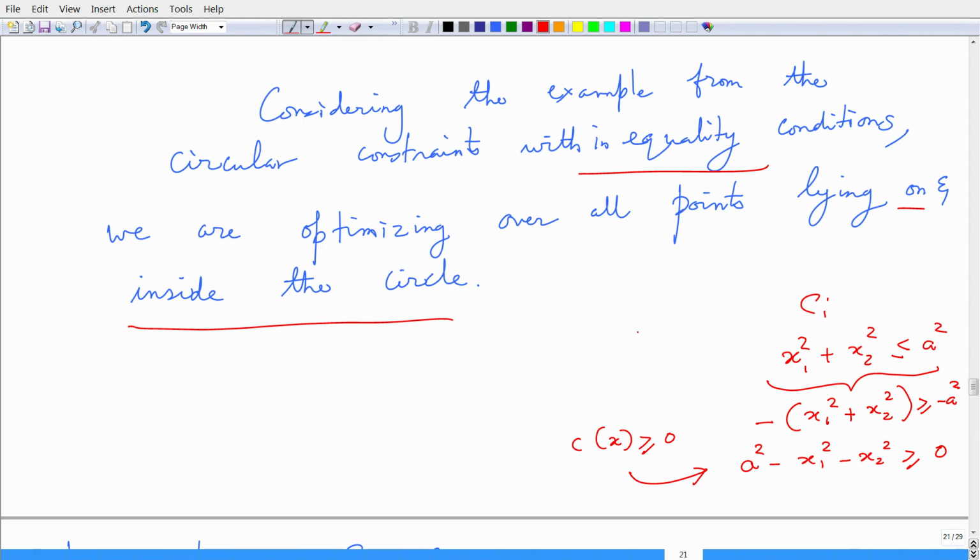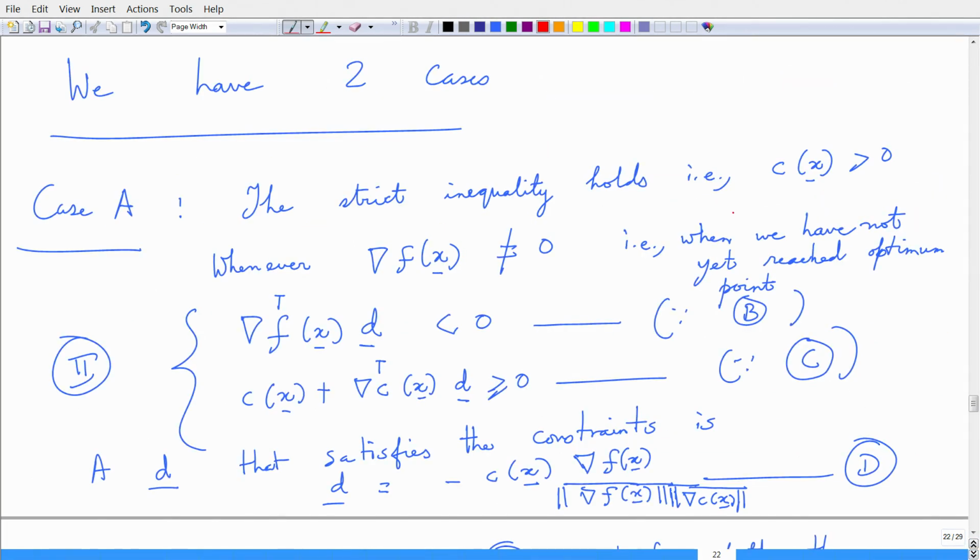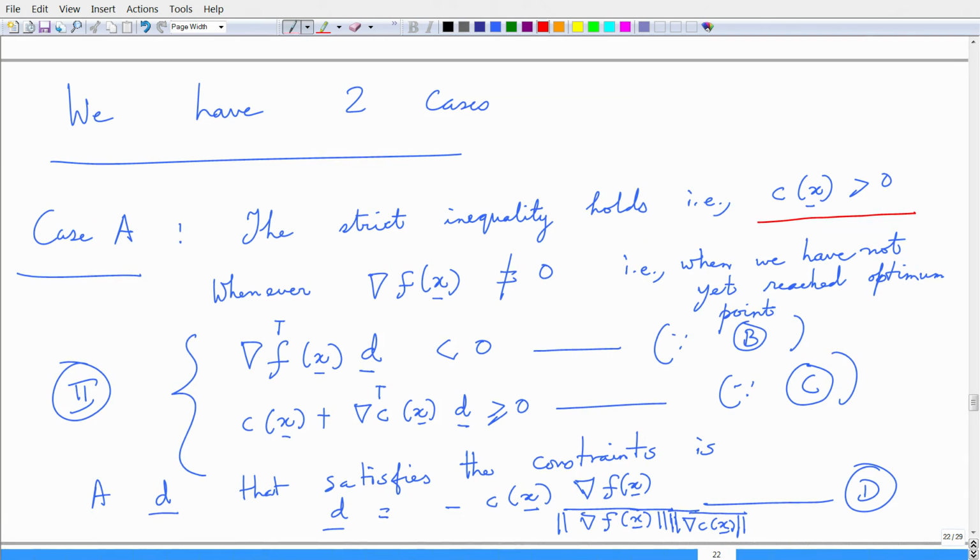Okay. Now, we have two cases here. Case A, the strict inequality holds, that is C of x is strictly greater than 0, and the other condition where C of x is equal to 0, right. So, I just want you to be careful here.